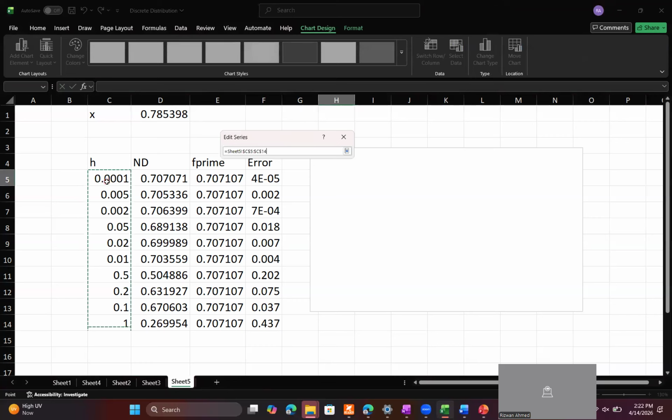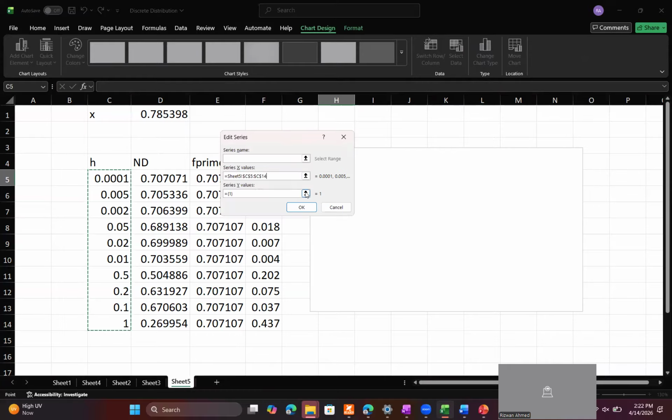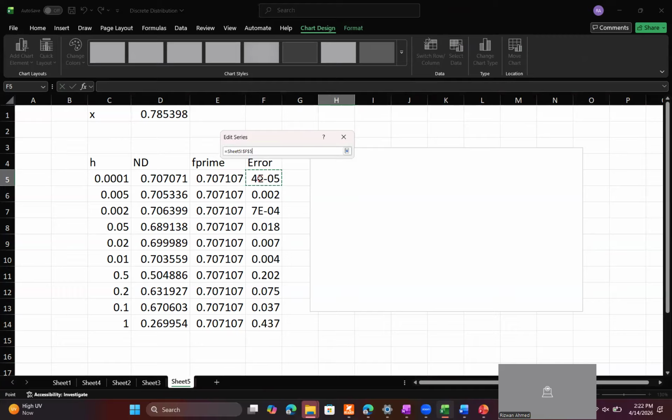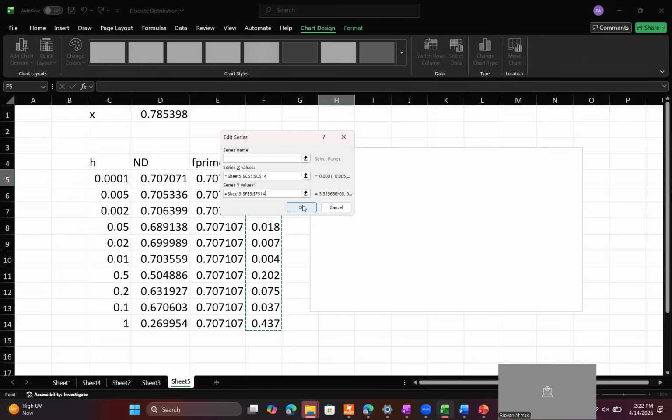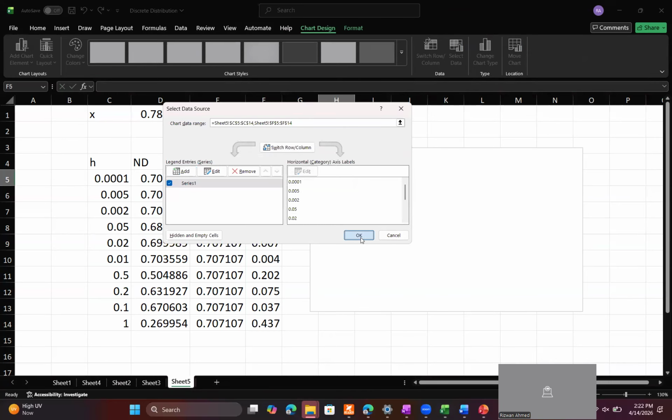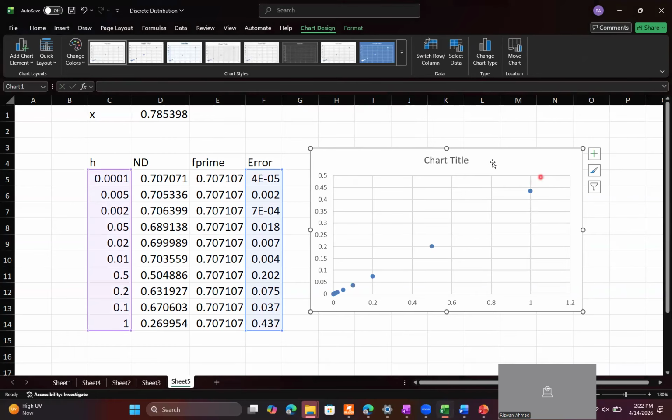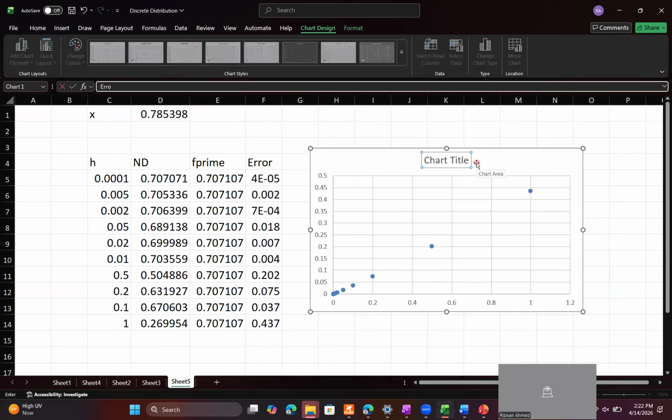So start from the h vector on x-axis and the error vector on y-axis. So we have got these points. Right? So title, error in numerical differentiation and first order numerical differentiation.